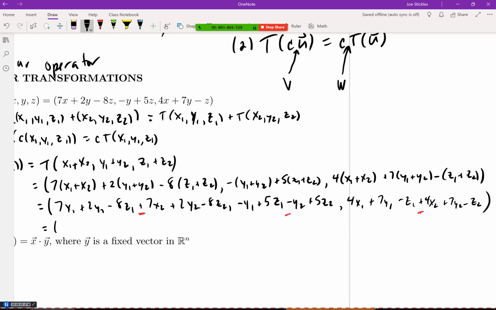We can do 7x1 plus 2y1 minus 8z1, and then comma, negative y1 plus 5z1, comma, 4x1 plus 7y1 minus z1, and then plus the other piece with just x2s, y2s, and z2s plugged in rather than 1s.